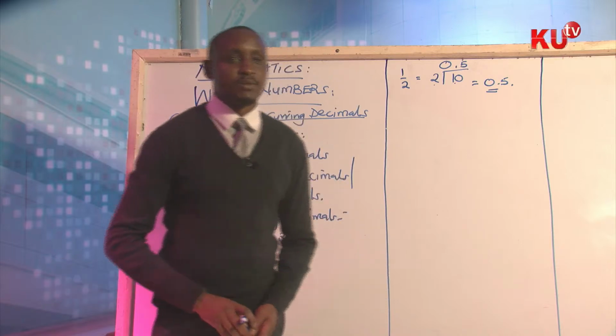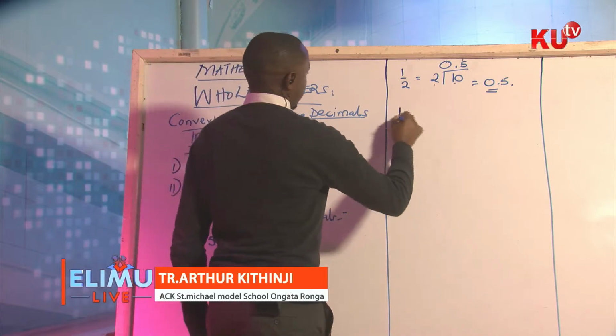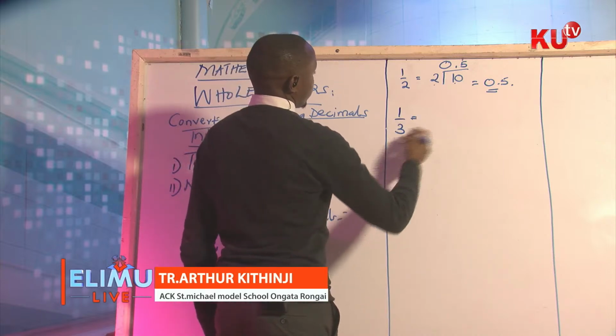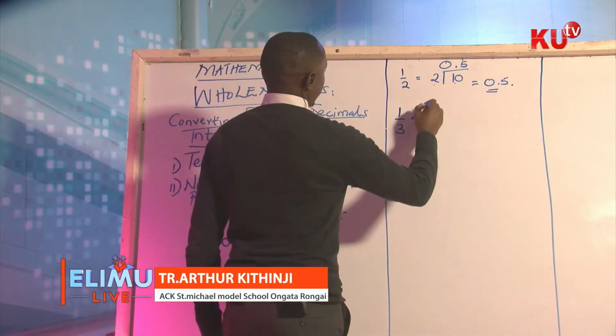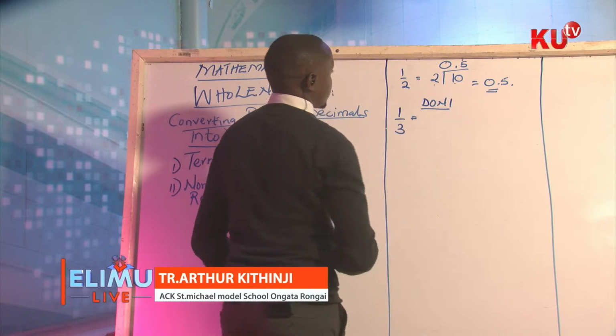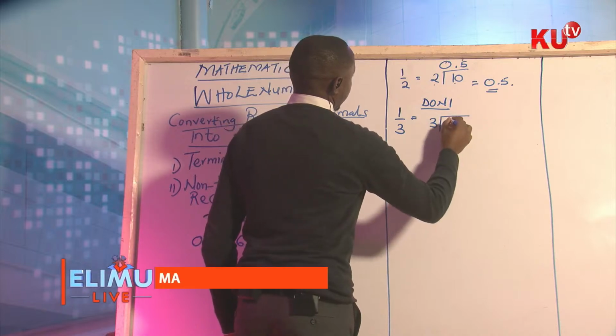When we talk about non-terminating decimals, we have a number like a third converted into a decimal. Normally, when we are converting fractions into decimals, we use a simple formula that is denominator out, and the numerator in.